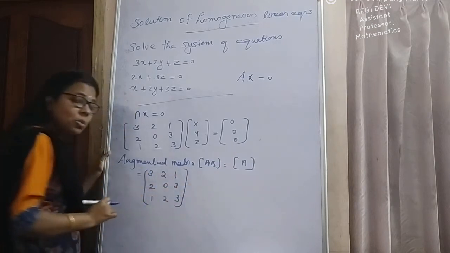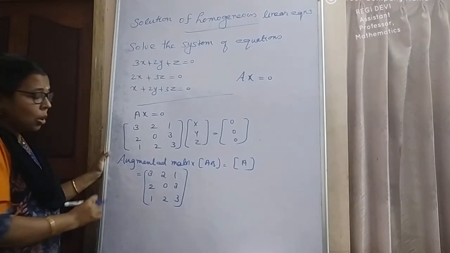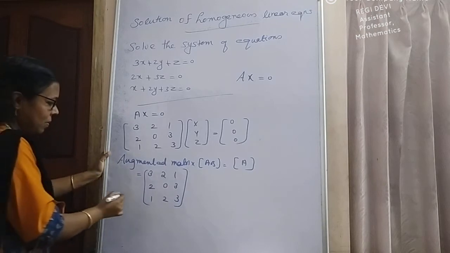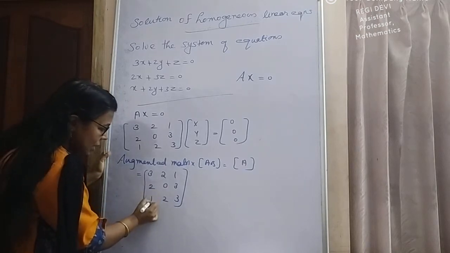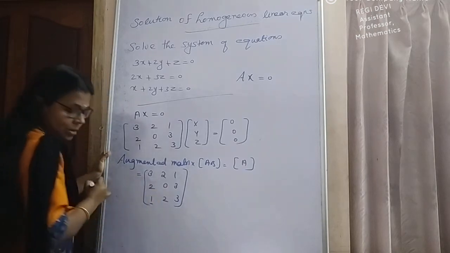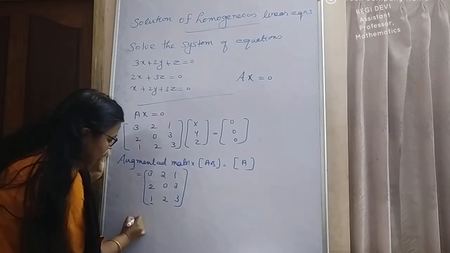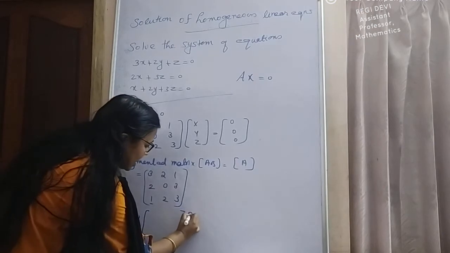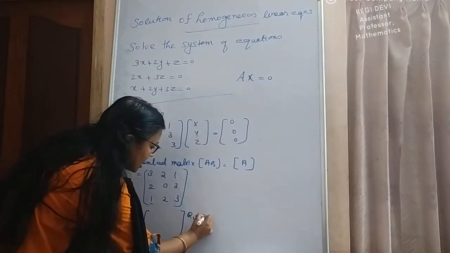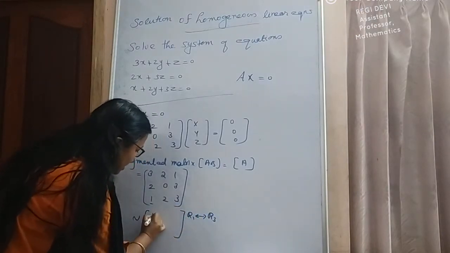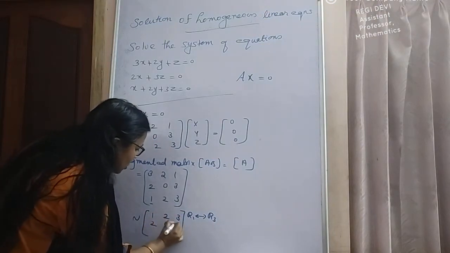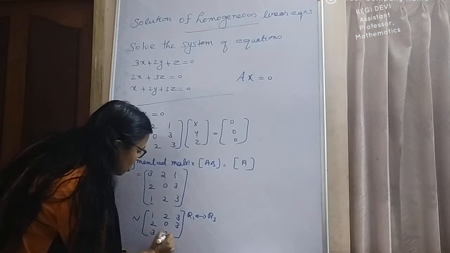Now we have to reduce this matrix into row reduced echelon form or the upper triangular form. Here, in the last row, the first element is 1. Therefore, interchanging R1 and R3, that is 1, 2, 3; 2, 0, 3; 3, 2, 1.